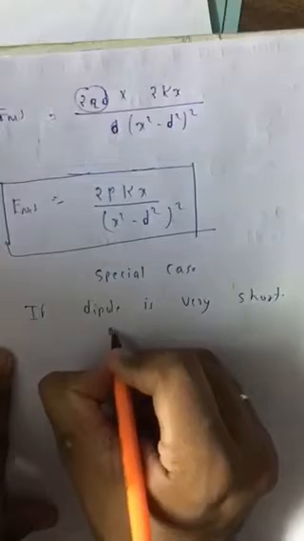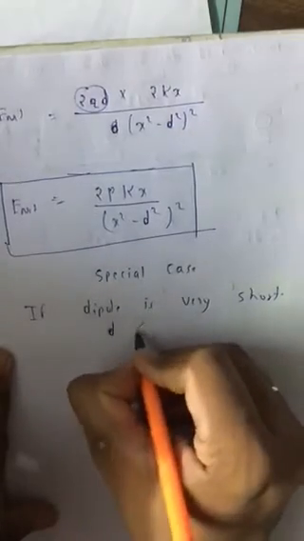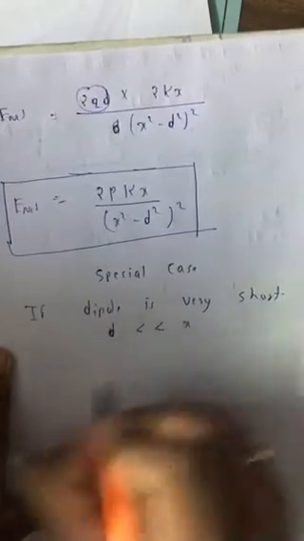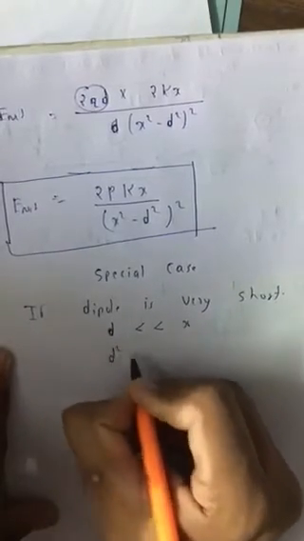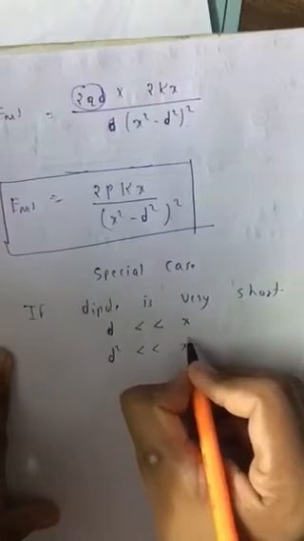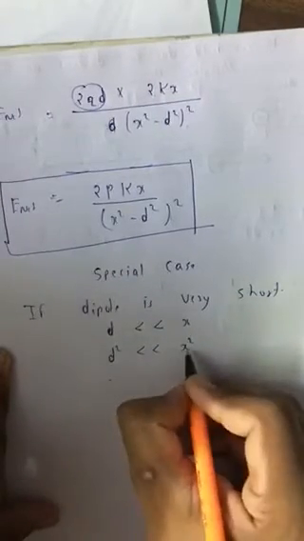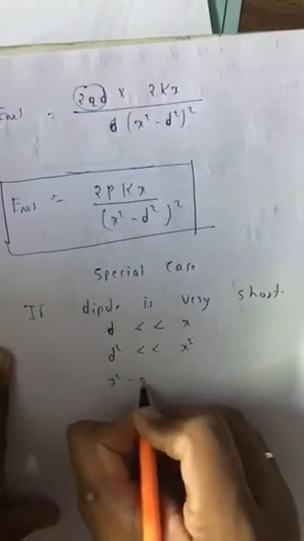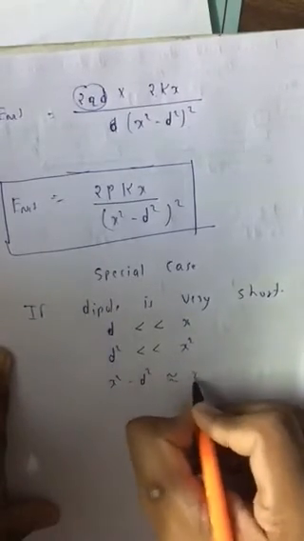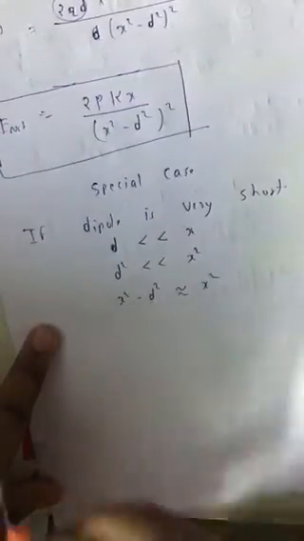It means 2d or d is very short, very much less than x. d is very much less than x. So d square is also very much less than x square. It also means x square is very much greater than d square. So x square minus d square is approximately written as x square, because x square is very much greater than d square.